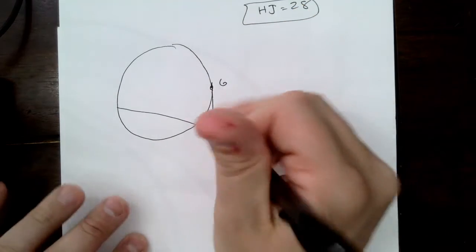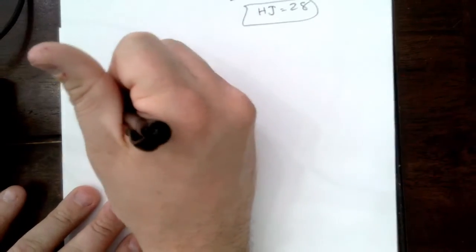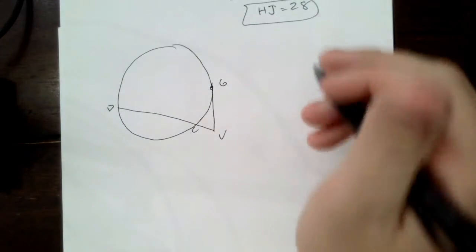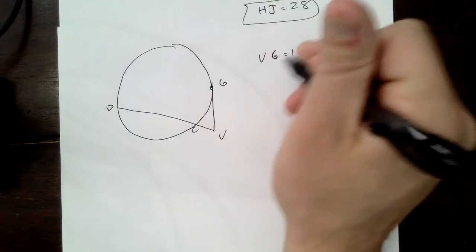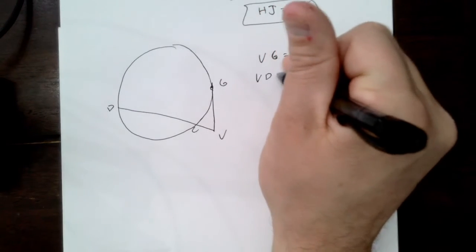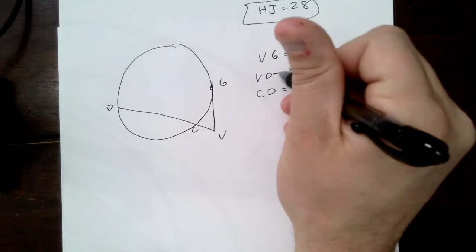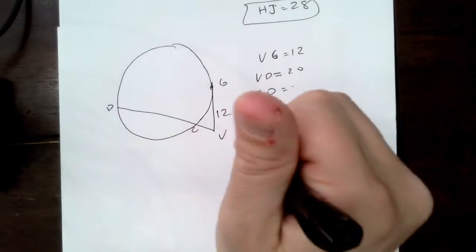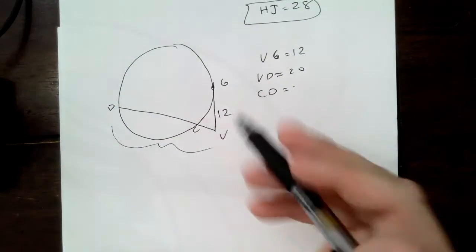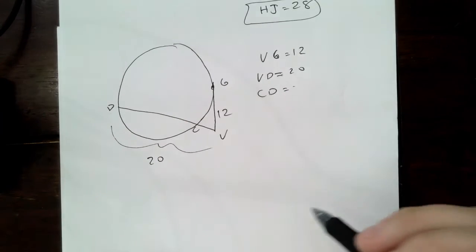So that's G. That's V. That's C. That's D. So the information they tell us is VG equals 12, VD equals 20, and CD is what we're looking for. So we know this is 12, we know VD, so the entire line here is 20, and we're after CD, which is that part right there.